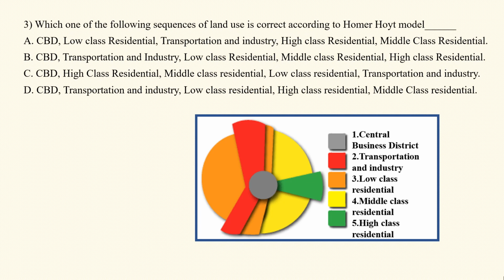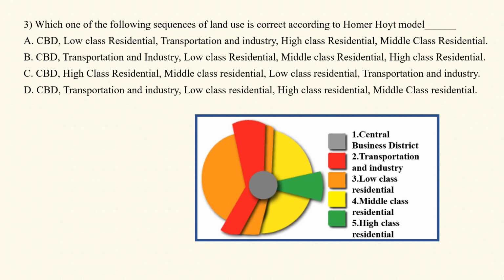Question number third, which one of the following sequence of land use is correct according to Homer Hoyt model? If you see, all the options look like a correct, but if you see carefully in the sector model diagram, CBD is always first zone and high class residential zone is last. So in all options CBD is first, and see in the next one, high class residential.